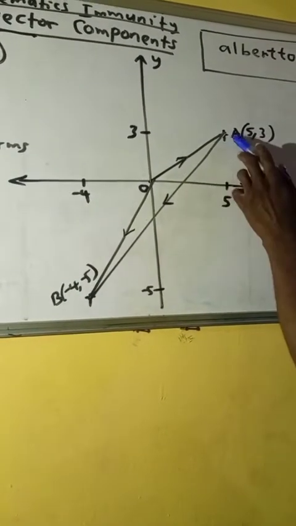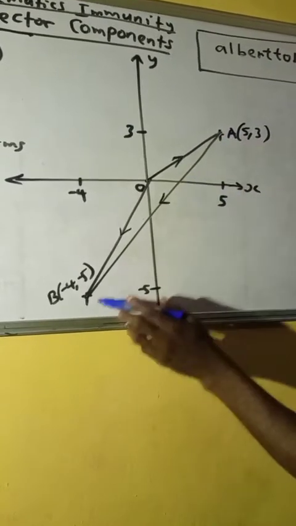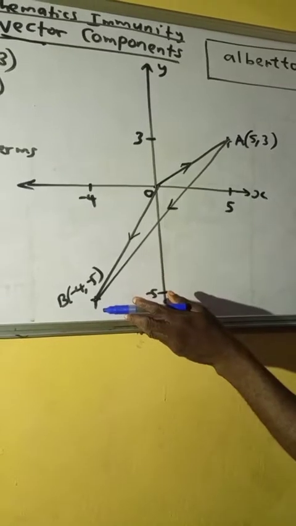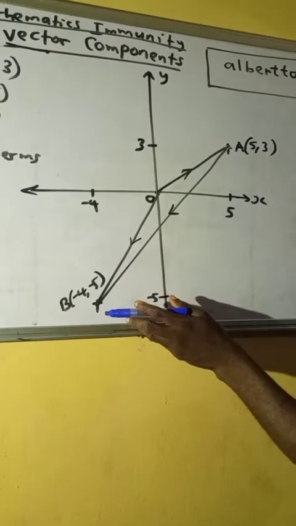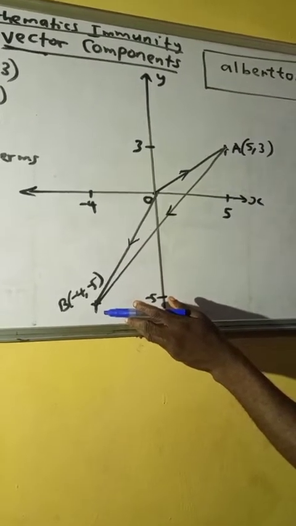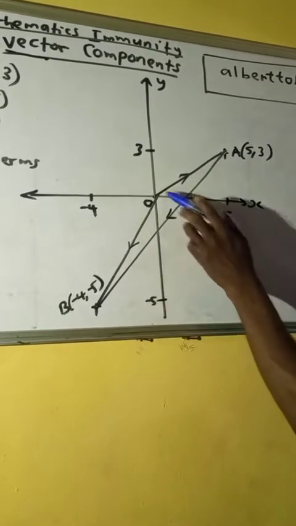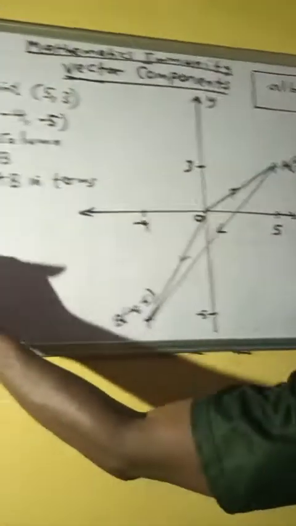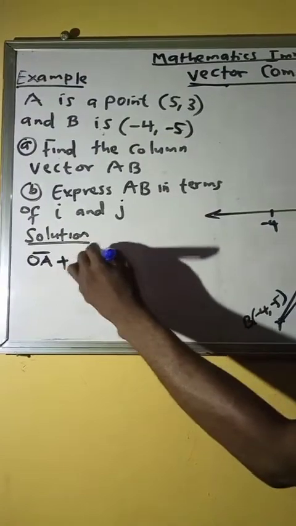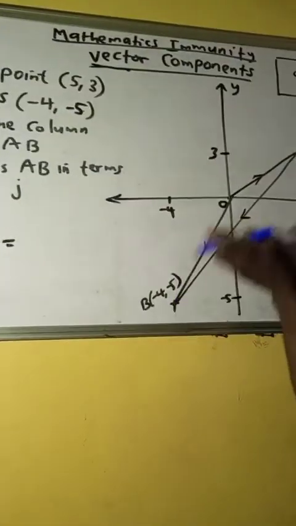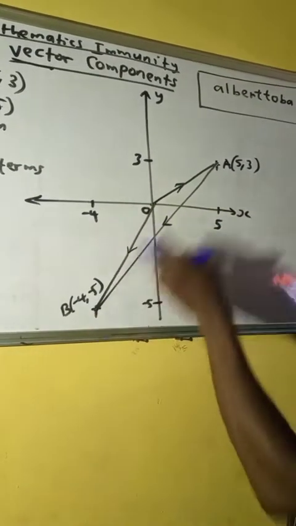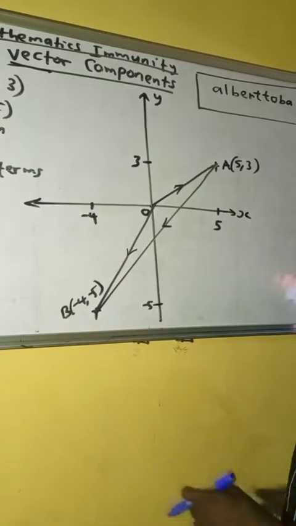OA is going in the same direction as AB, while OB is contrary, so OB will be the resultant vector. A resultant vector is a single vector that is the sum of other vectors. So vector OA plus AB equals OB, the resultant vector.